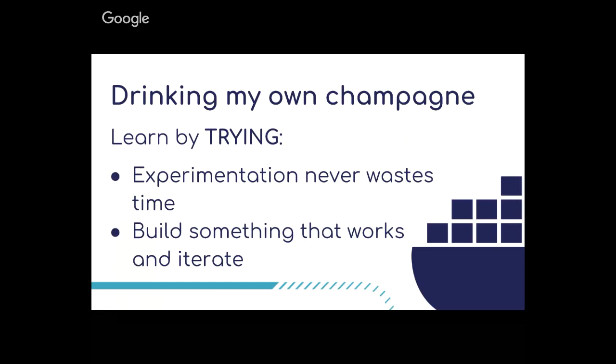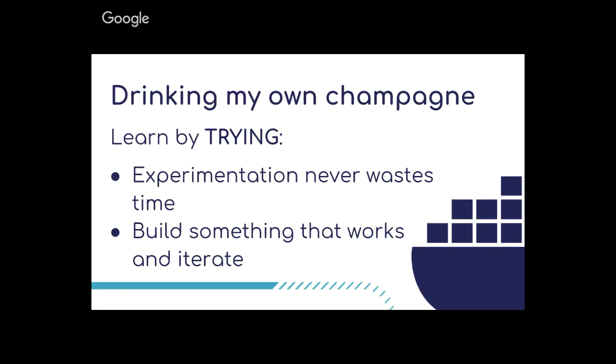So the main idea of drinking our own champagne is, as someone teaching other people using classes, I also learn by trying things, because this is a natural and human process. So two rules based on that. The first one is you never waste time when you experiment.